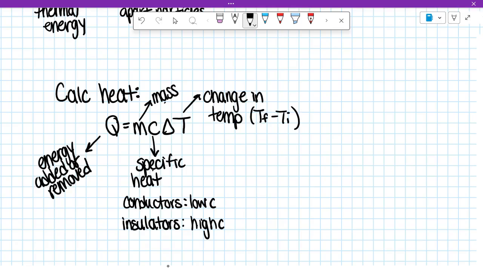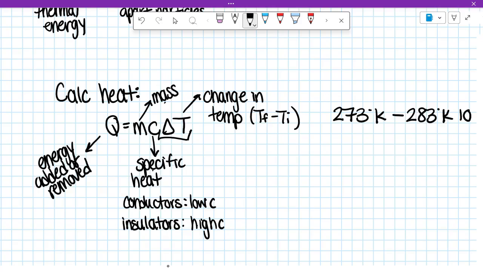Now, technically, this should be in Kelvin, but because Kelvin and Celsius scale linearly from one another, and this is a change in temperature, not a temperature, it actually doesn't matter, right? The difference between 273 degrees Kelvin and 283 degrees Kelvin is 10.